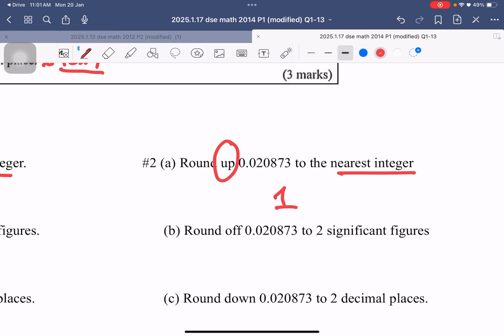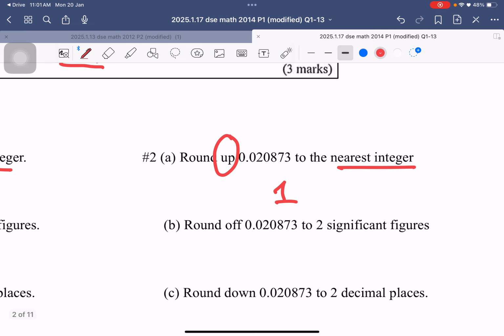Two significant figures. Jenny, you got this wrong. Which number is the second significant figure? This zero, isn't it? Then we need to look at the third significant figure. It's round off, so plus 1 or delete it. So wait, I want to ask you something. How do you count significant figures?